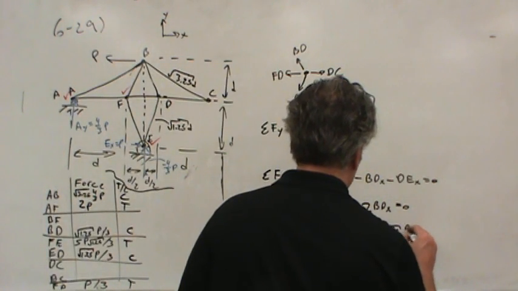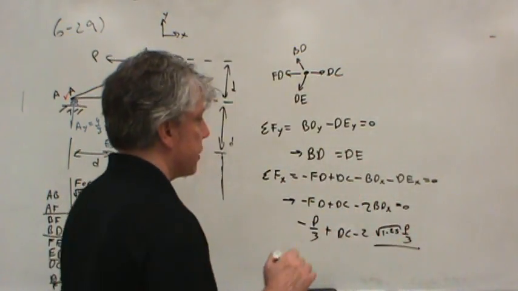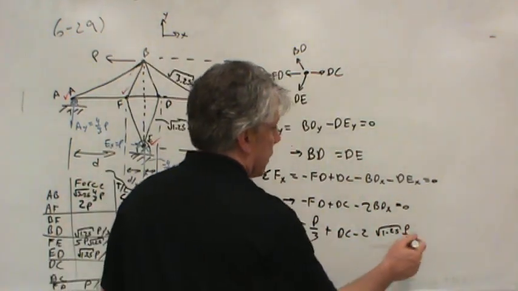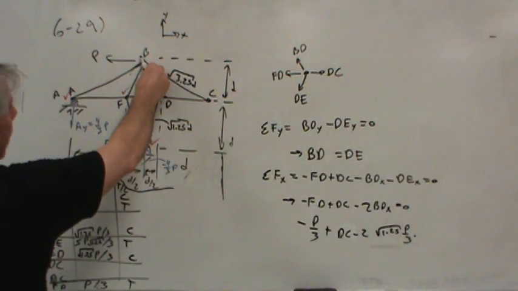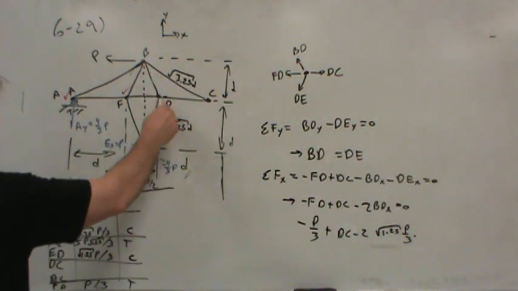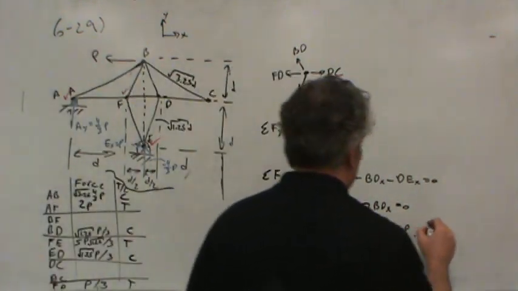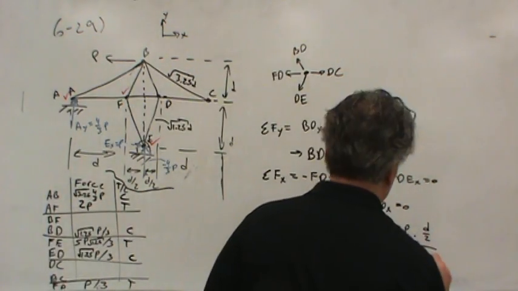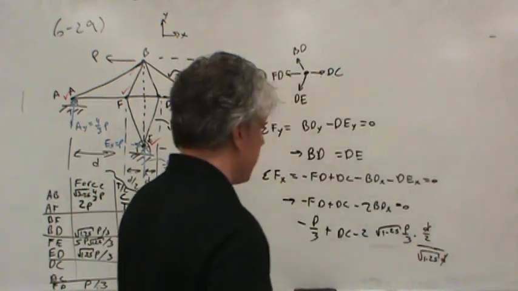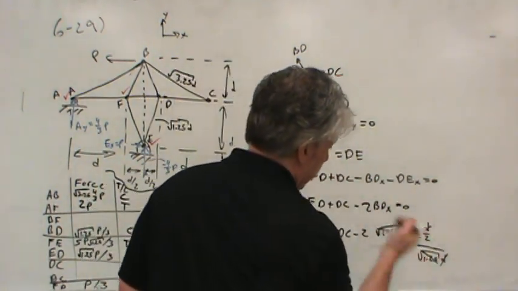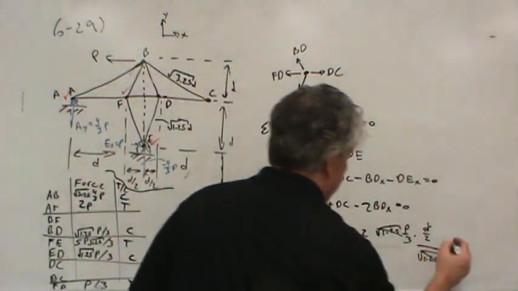But we want the x component. So multiply by what in order to get the x component? Well, that would be d over 2 divided by the hypotenuse. So d over 2 divided by root 1.25d. Again, the two d's cancel. The 1.25's cancel nicely. And this sum comes out to 0.